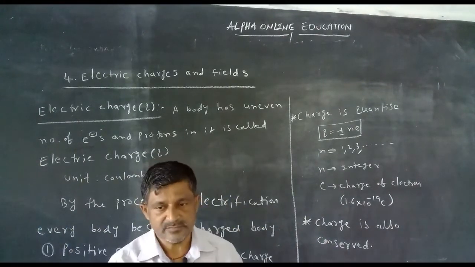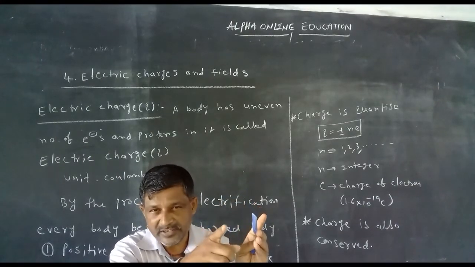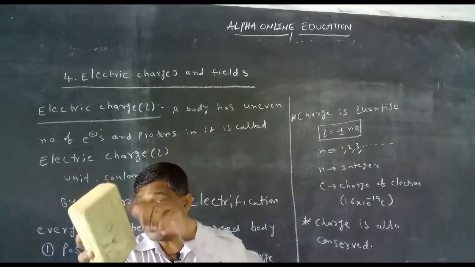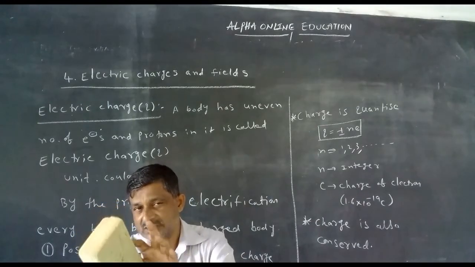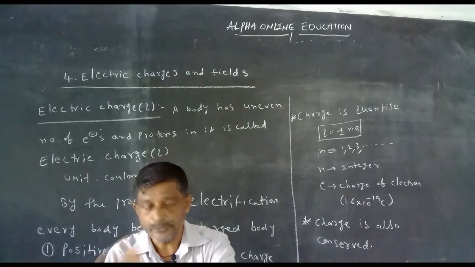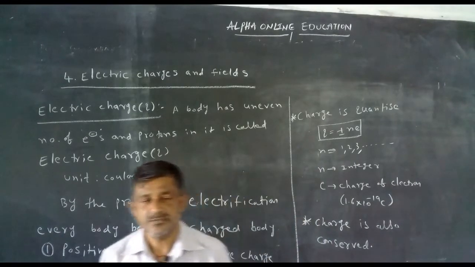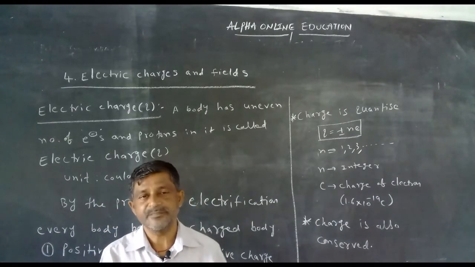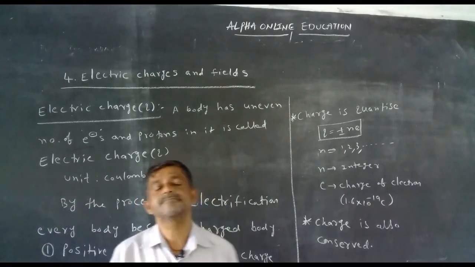After electrification, if one loses 2 electrons, it has 8 electrons plus 10 protons, totally 18. The other receives 2 electrons, so 12 electrons and 10 protons, totally 22. 18 plus 22 is 40. So before electrification and after electrification, the charges are the same. That's why charge is not only quantized but also conserved.